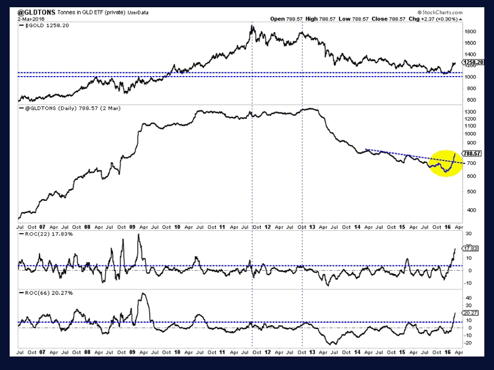And you can see here, the gold in the GLD is at the highest level since the second half of 2014. Looking at the gold price versus the gold in the GLD, the GLD is outpacing the gold price. If the gold price was at the same level, it would be maybe 1330, low 1300, something like that.